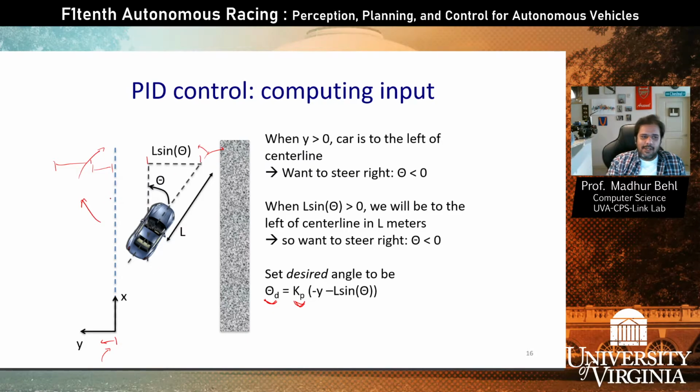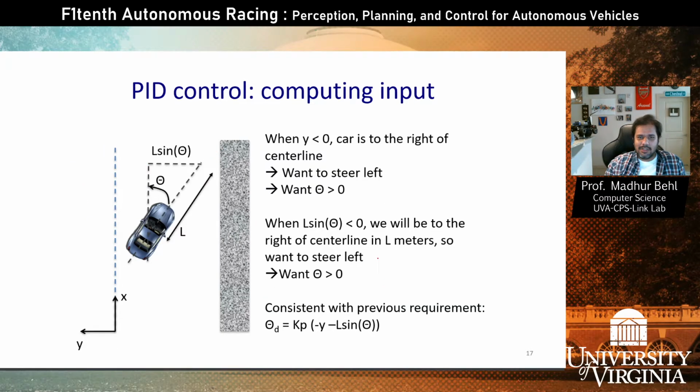So when the car is on the left hand side, our desired correction would be towards the right, and that checks out because of the way the error is set up. And you can verify similarly, when the car is to the right, we want phi to be positive, so the correction is positive in this case. Why would it be positive?